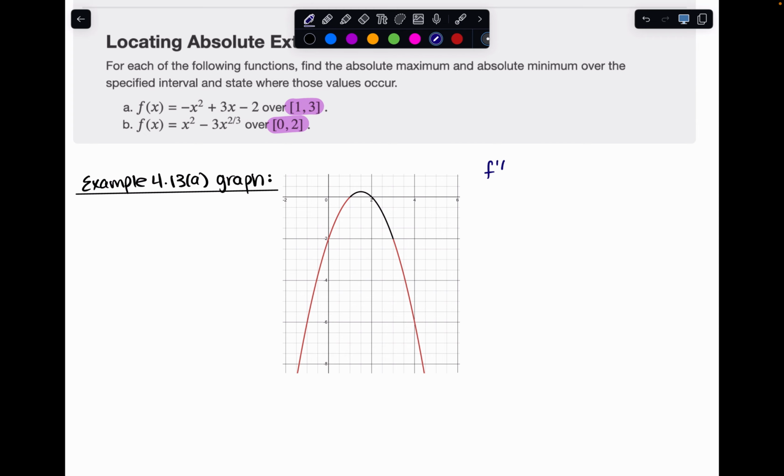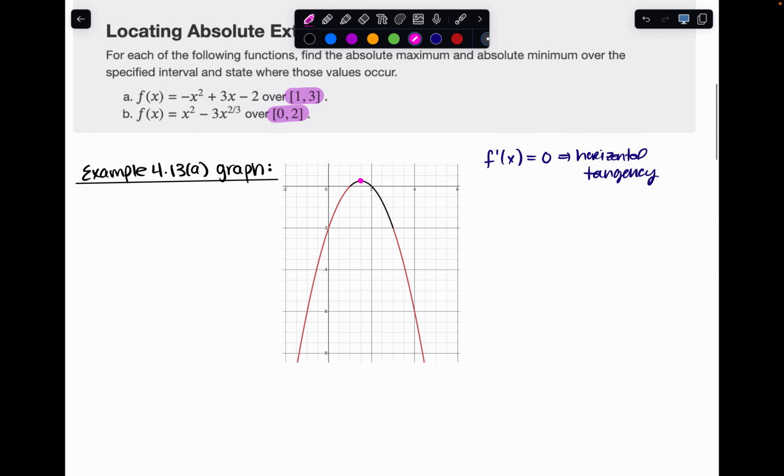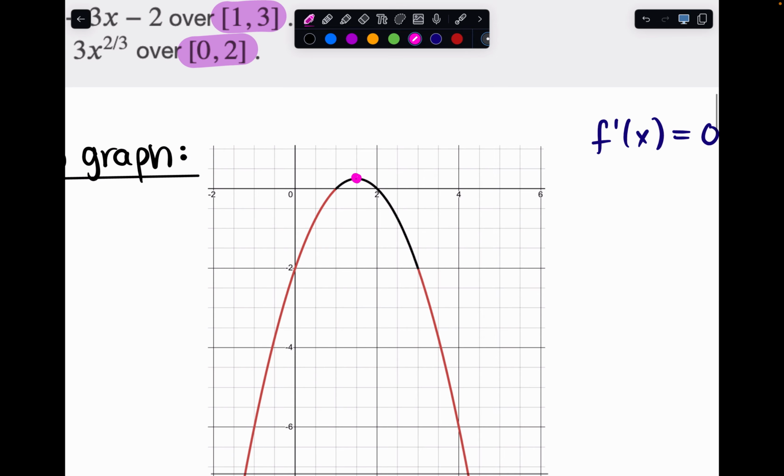Remember, math builds on itself. In the past, I've displayed or told you things like when f prime of x equals 0, there is a horizontal tangency. Now we're going to see why that's important. Specifically in this case, where there's a horizontal tangency, and we don't need to know right now exactly what that value is, I just want to emphasize that where that maximum point is, there's a horizontal tangency.